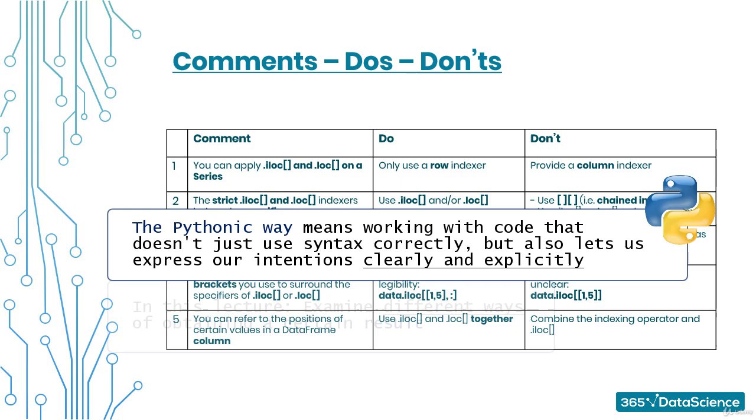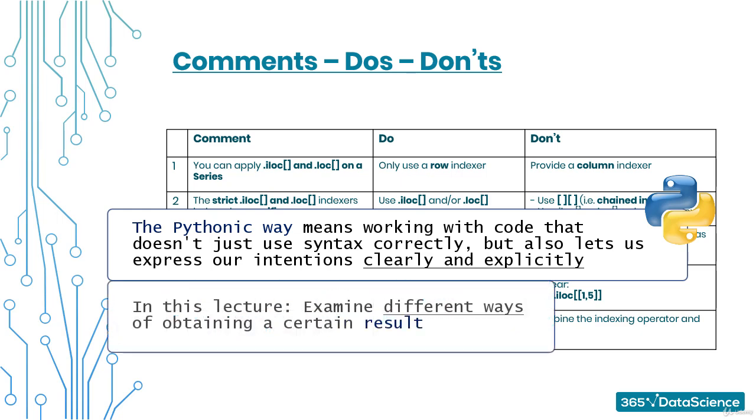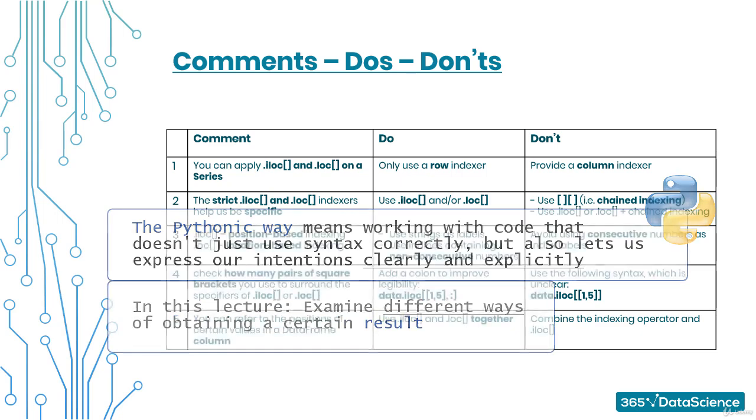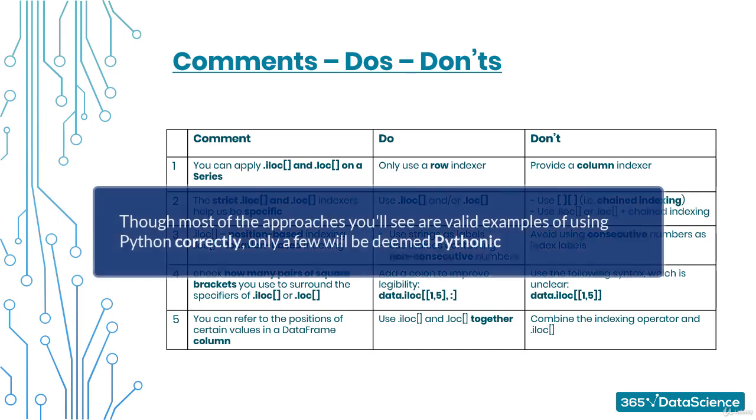Hence, for the remainder of the lecture, we'll examine different ways of obtaining a certain result. Though most of the approaches you'll see are valid examples of using Python syntax correctly, only a few will be deemed Pythonic. However, we believe that exploring a variety of approaches is a necessary step before we can appreciate the beauty of truly Pythonic techniques.